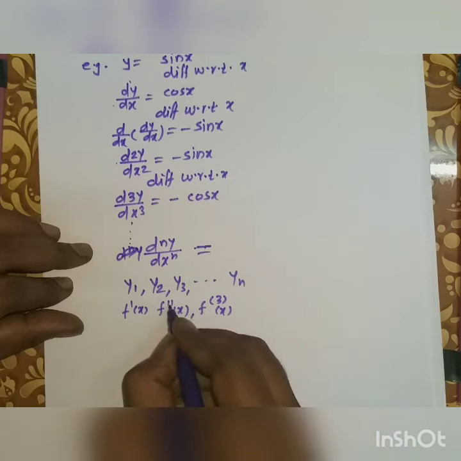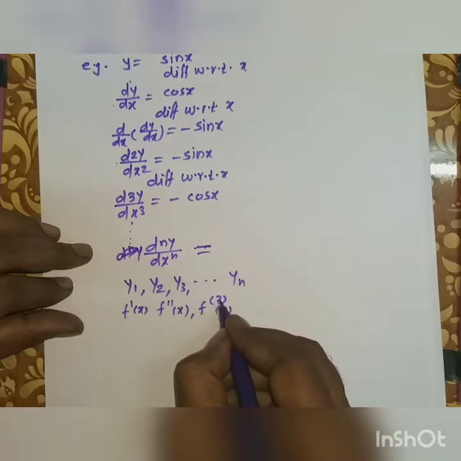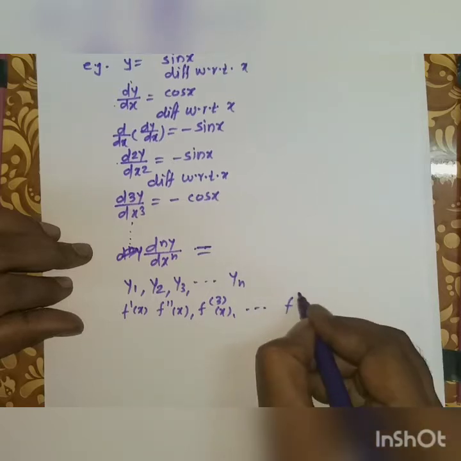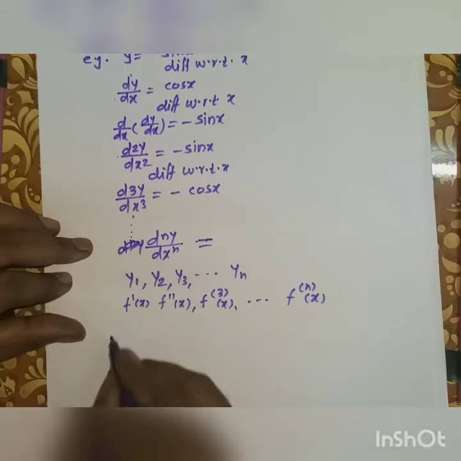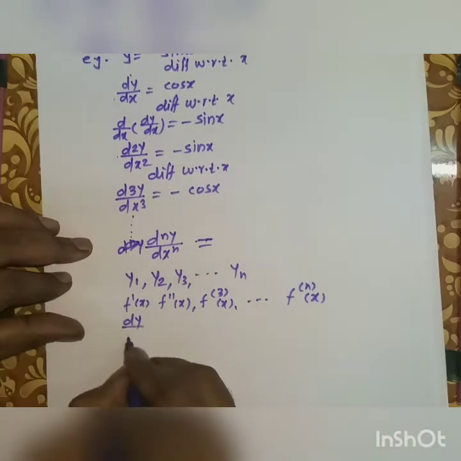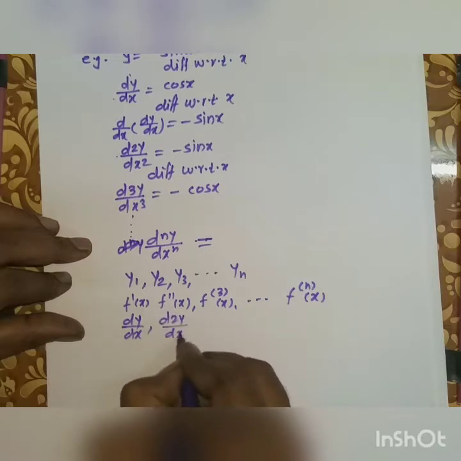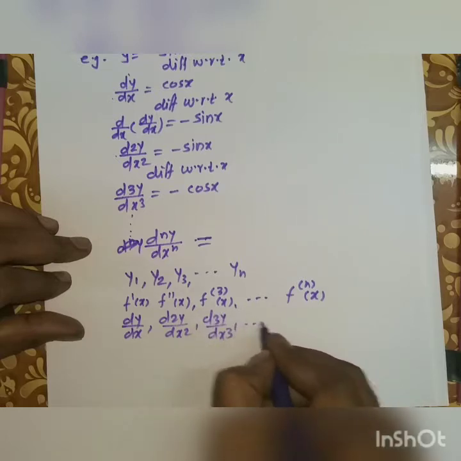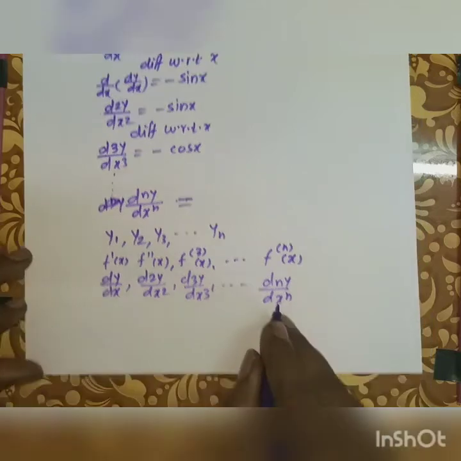We cannot always write double dash, triple dash is complicated, therefore f bracket 3 of x means third order derivative. Continuing this process, f bracket n of x is the nth order derivative, and generally we write dy by dx, d2y by dx square, d3y by dx cube, continuing this process, dny by dx raised to n, which is called the nth order derivative.